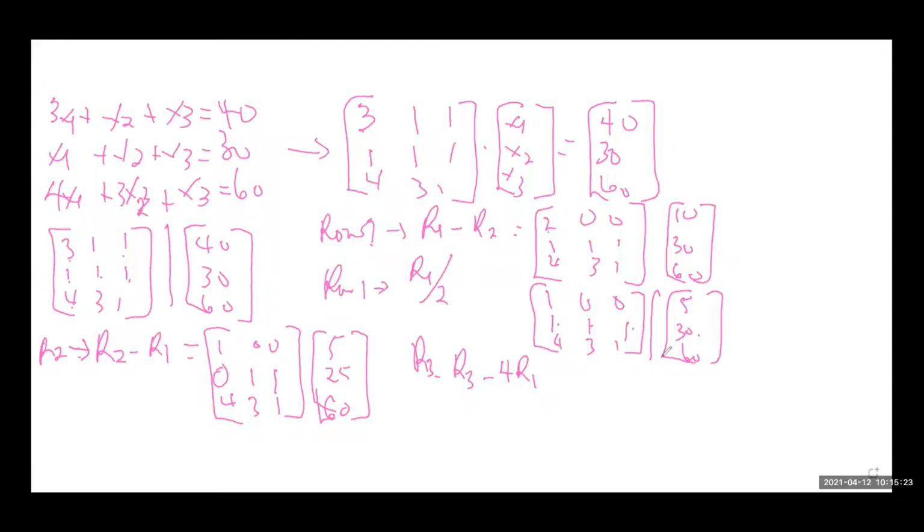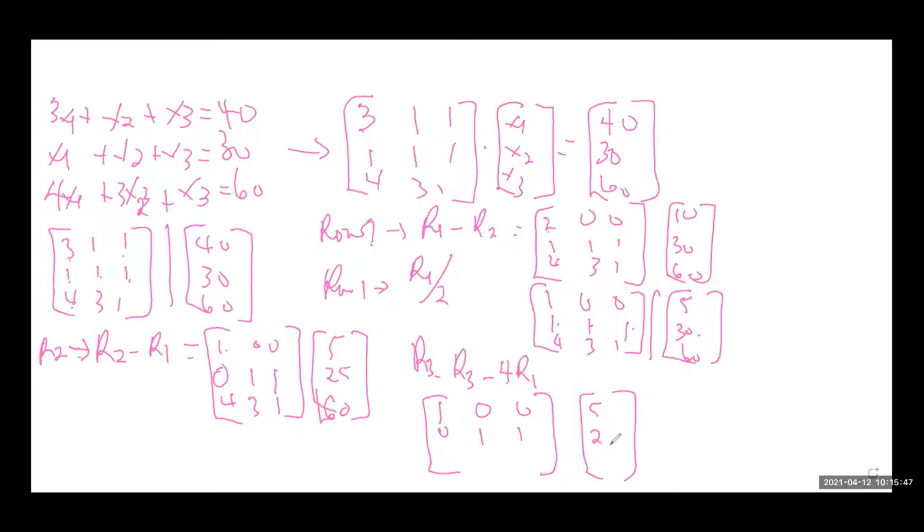Okay, so let's do this. We are working on row 3. Mario said we should look at 4 times row 1 minus row 3. So 4 times 1 here, this will be 4, this is 0, this is 0. I have here 5, okay? So 4 times row 1. Row 2 is still the same, 0, 1, 1.